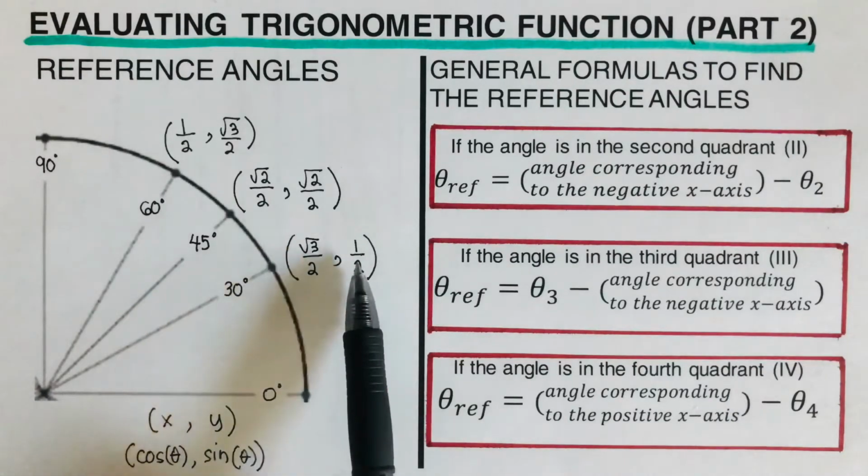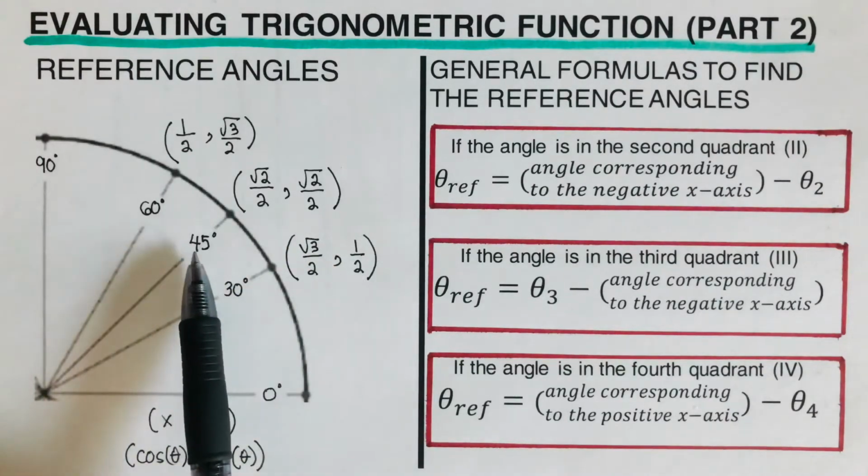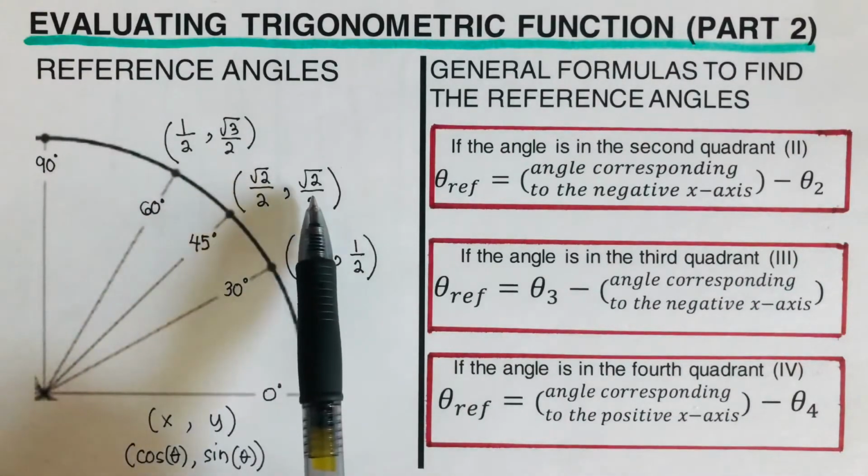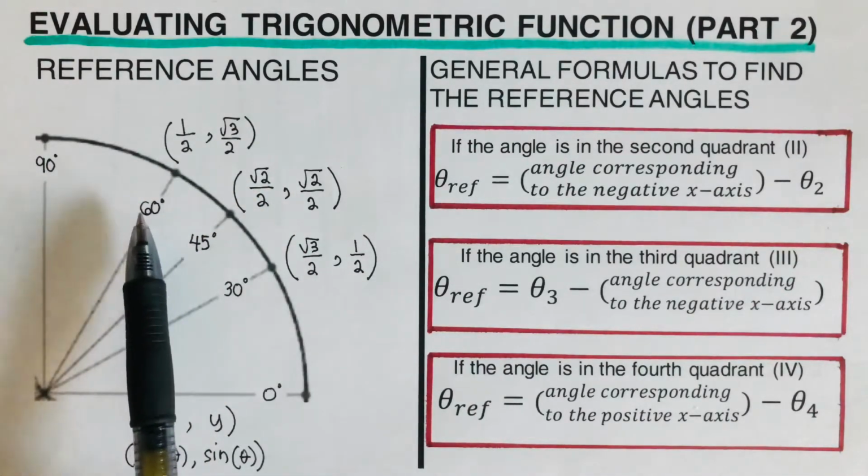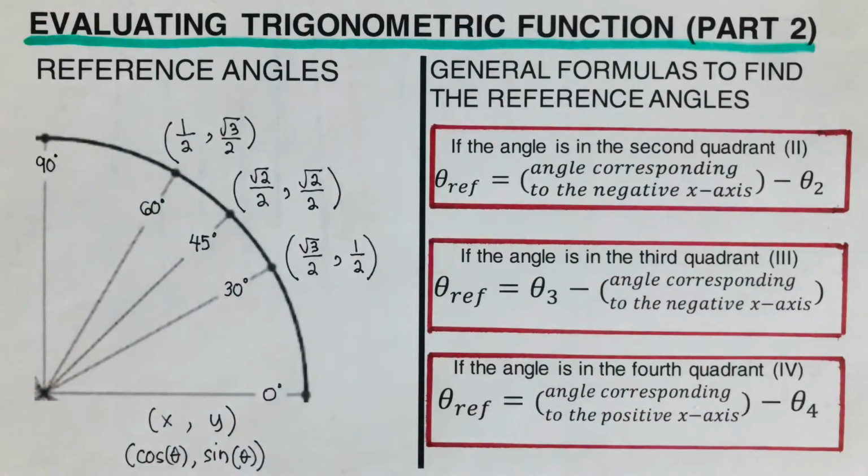Sine 30 is 1/2. Cosine 45 is square root of 2 over 2. Sine 45 is square root of 2 over 2. Cosine 60 is 1/2, and sine 60 is square root of 3 over 2.